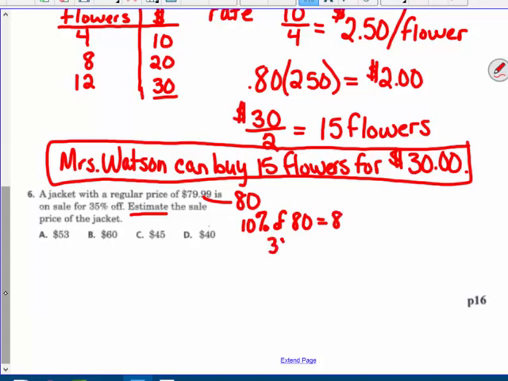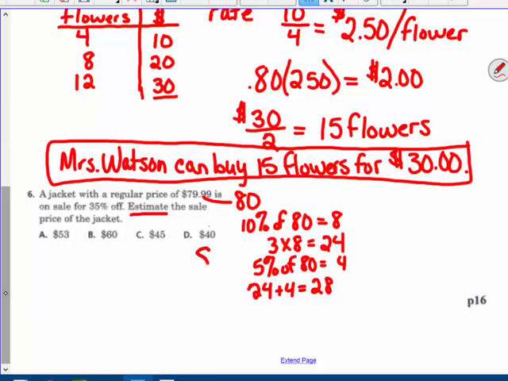So 3 times that 8 to get 30% would be $24. And 5% of that 80 would be 4, right? 5% of 80 would just be half of this 8. Well, that's $4. So 24 plus 4, that's $28.